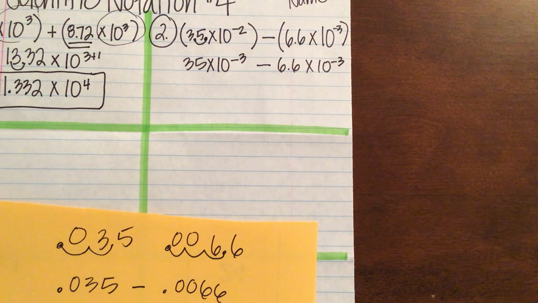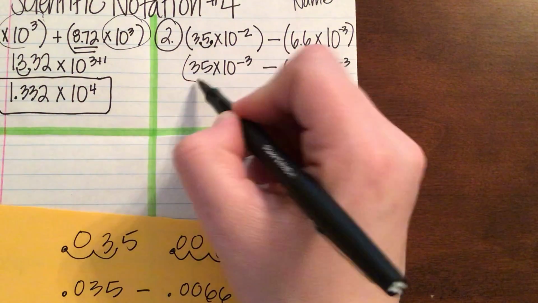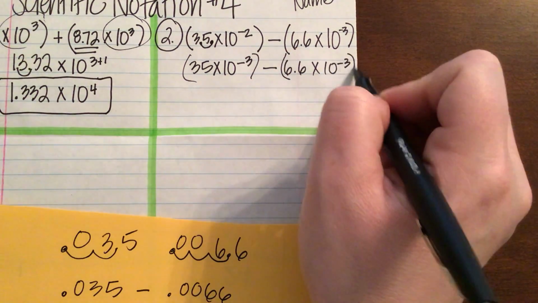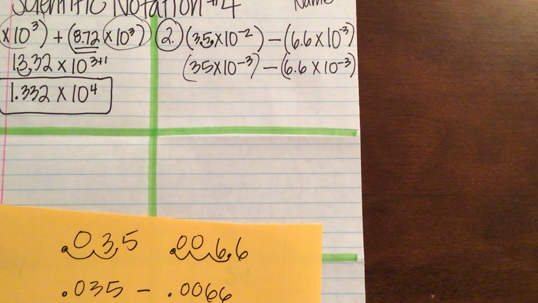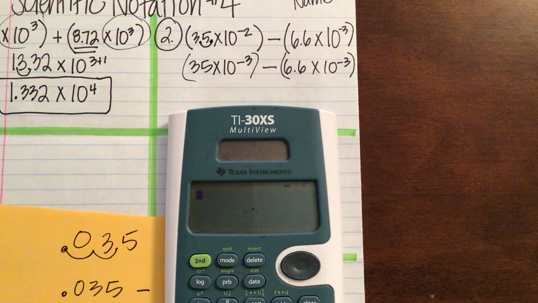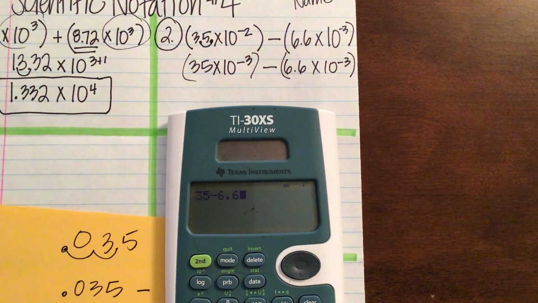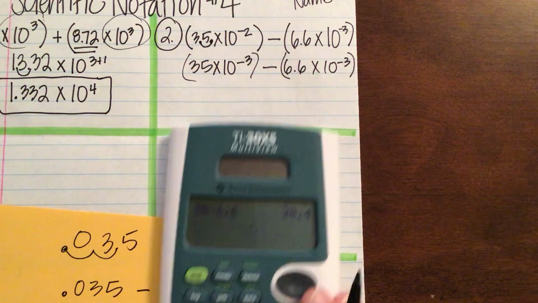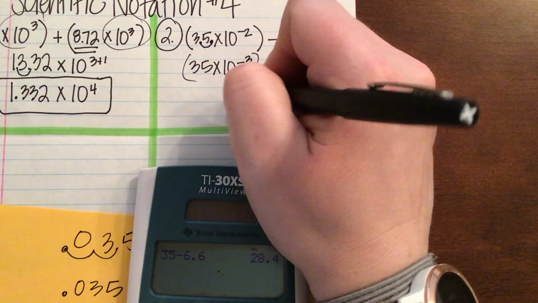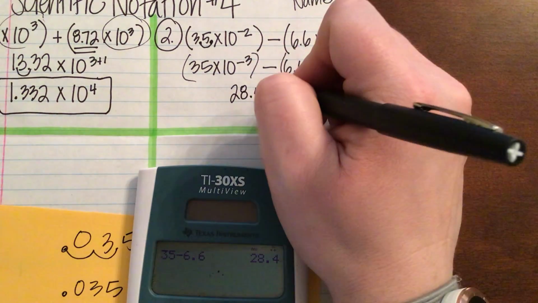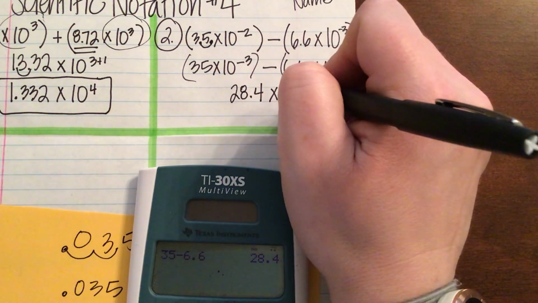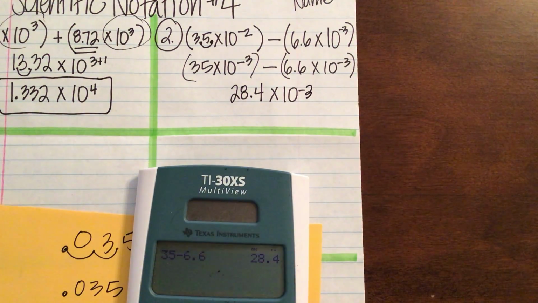And now they match. Since they match now, I can subtract 35 minus 6.6. I get 28.4 times 10 to the -3rd.